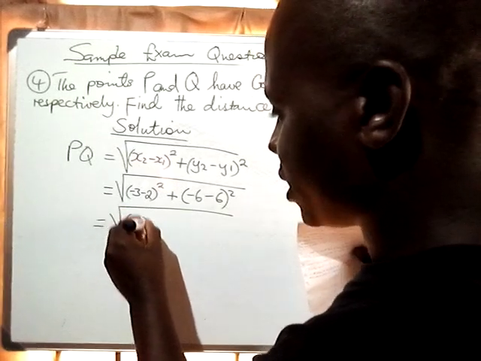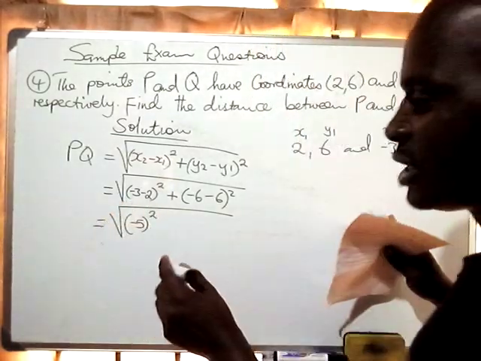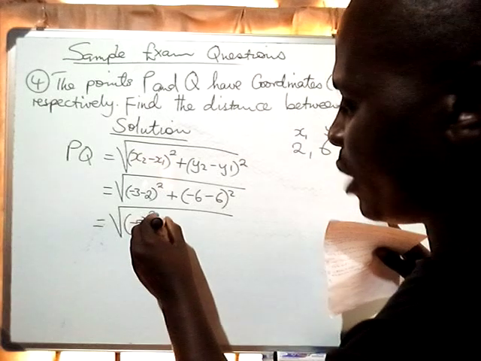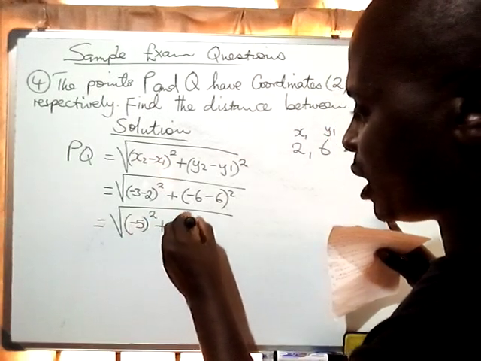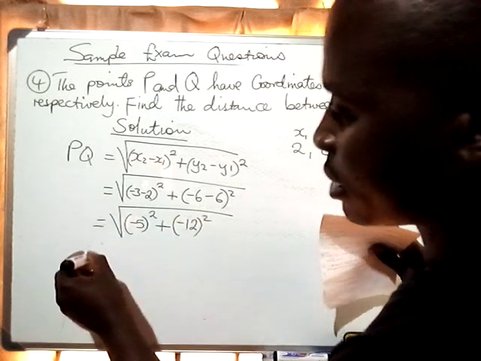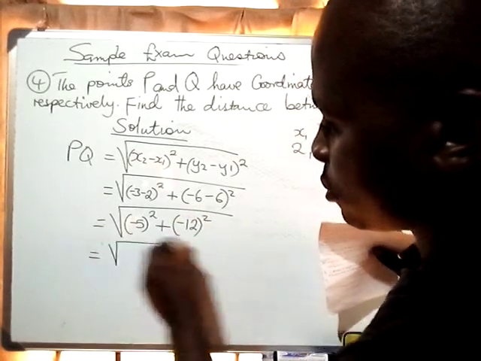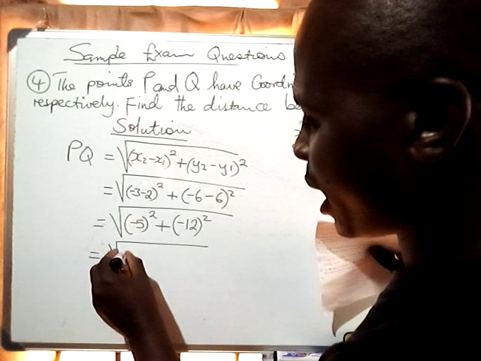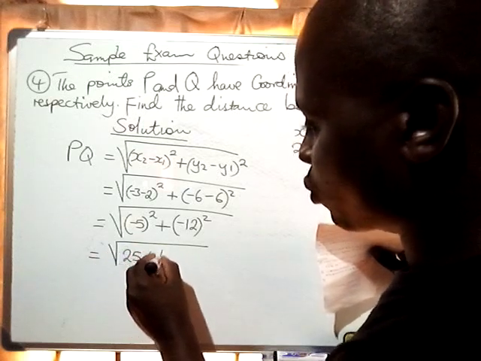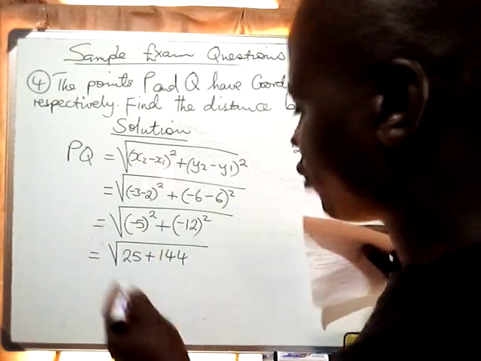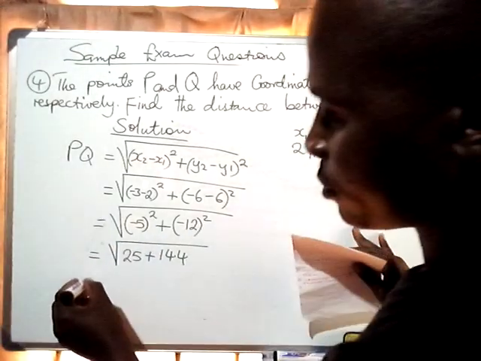I want to believe this answer is well known. It is -5. Then plus, we are going to have -12, so we square it. So this one squared, we are going to have 25, then plus 144, because 12 times 12 is 144.